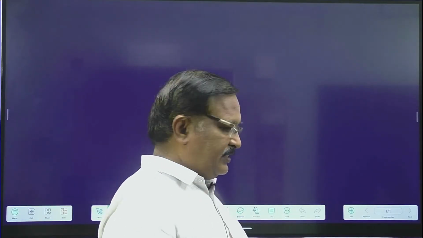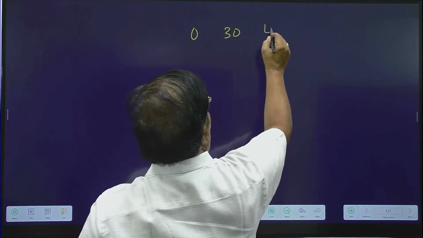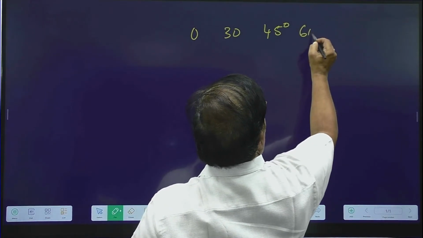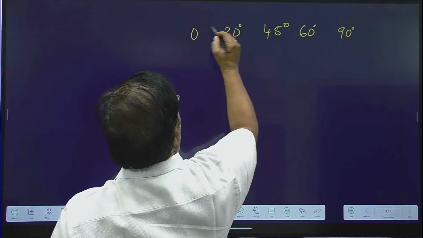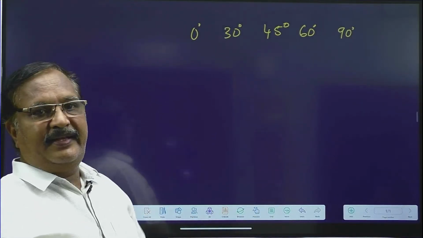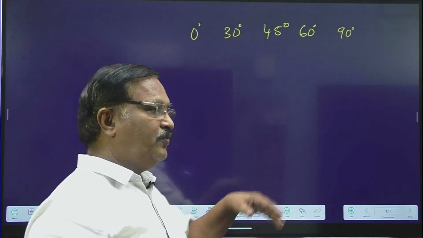Yesterday we calculated the trigonometric ratios of some angles: 0 degrees, 30 degrees, 45 degrees, 60 degrees and 90 degrees. So, five angles in total. In my previous class I explained how to find the values.